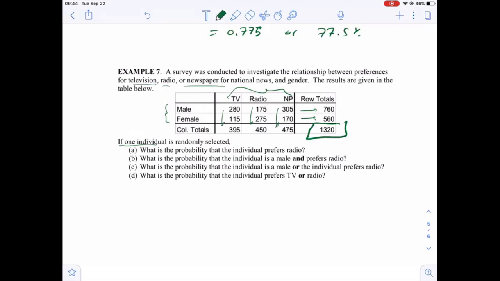Now we want, if one individual is randomly selected, we want to see what is the probability that the individual prefers radio. I want to find probability of radio. That's how many people prefer radios. We have 450, that's the sum, over the total number. The total number is 1320. So the probability is 0.341.